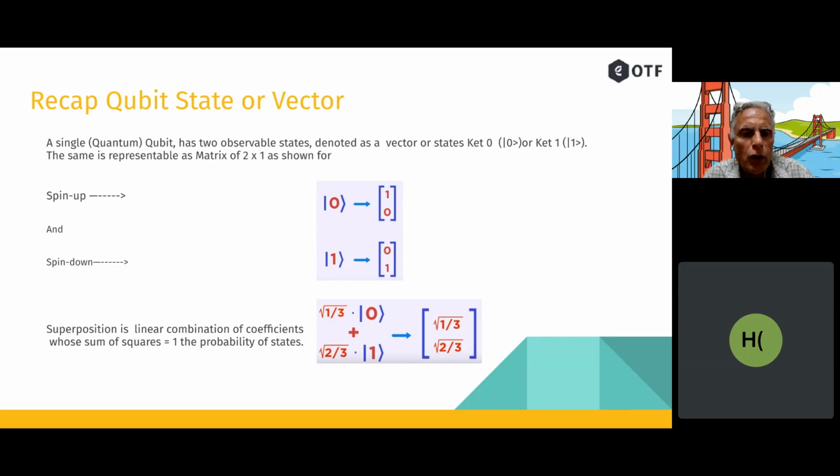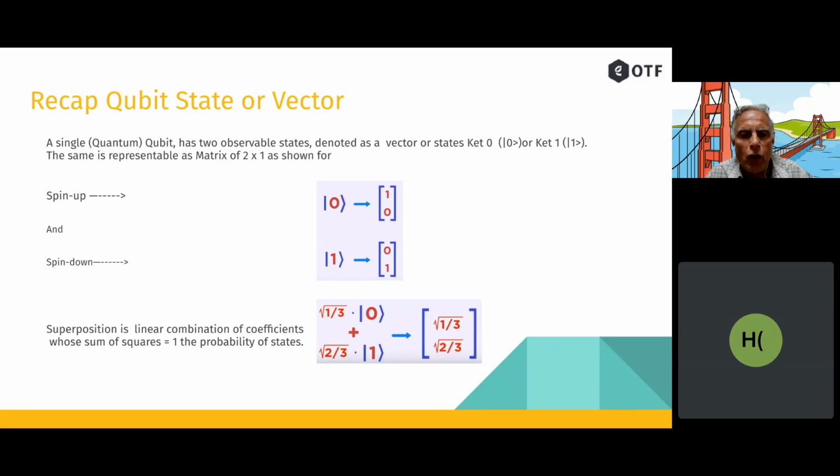In front of it you have the bar with a 0 and a greater-than symbol. This is called a ket. So it's ket 0 and ket 1. Ket 0 and ket 1 are the two symbols representing spin up and spin down, and they are representative of the two logical states of qubits, which in themselves are 2x1. So spin up is (1, 0) and spin down is (0, 1).